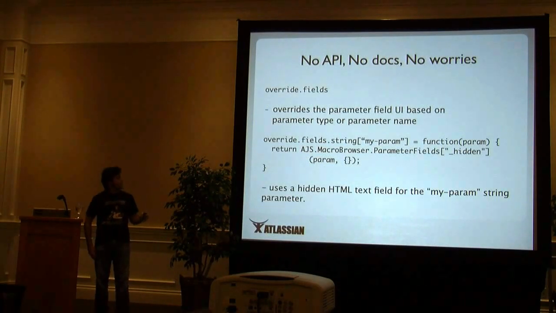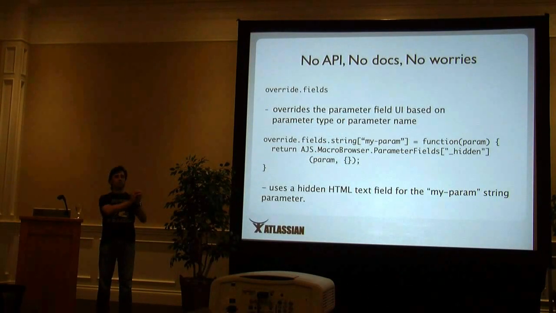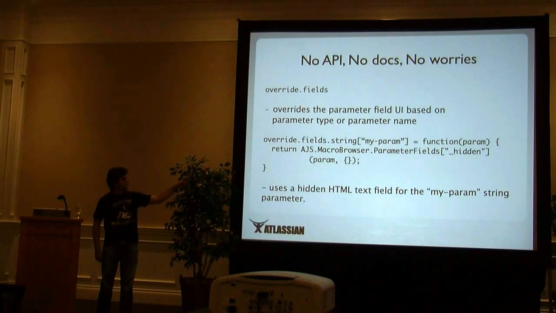Okay. Now the field itself is the way that the field is rendered on the form. So you might say, oh, well, I'd like a color picker. All right, you guys haven't done one yet, but I'd like to do one for my particular macro. You know, it can't be that hard. I already have one. Well, what you can do is specify that particular type, and you could certainly have a color type, and even a parameter name to say this type and this name, so only one parameter would actually have that component, and specify a function which in turn gets quite complicated, but it allows you to specify an object that gets returned which does all of the population of the field.